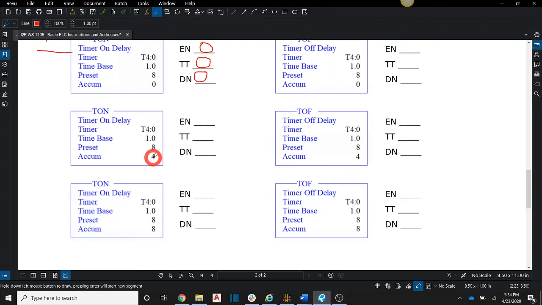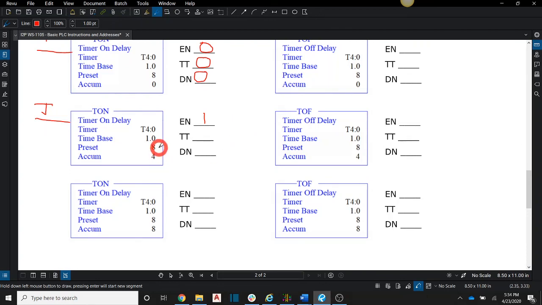The only way that's ever going to happen is if we have a true coming in on our rung, because remember, it's going to time on the transition from false to true coming in on the rung. So that means that my rung coming in here is true. And if my rung is true, that means my enable bit would have to be a 1, because the enable bit is going to mimic whatever is happening on the rung.